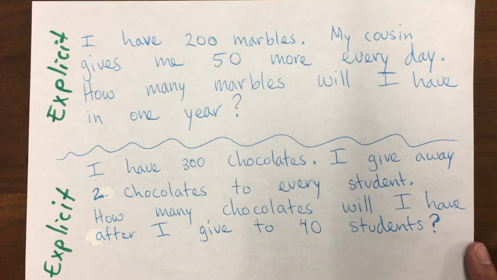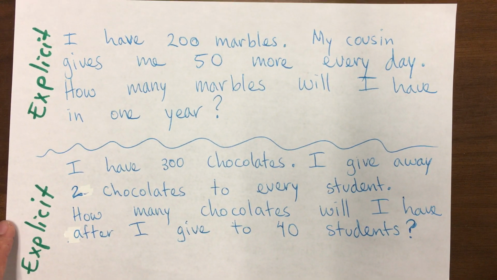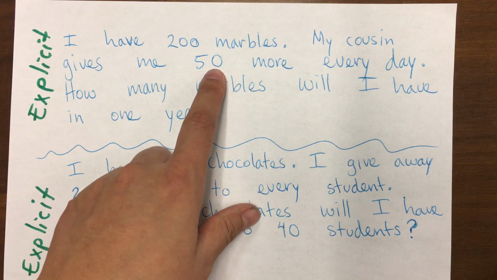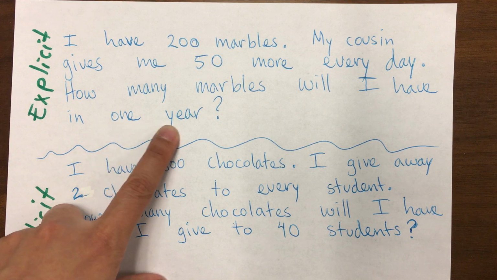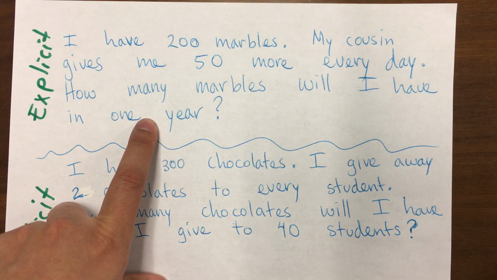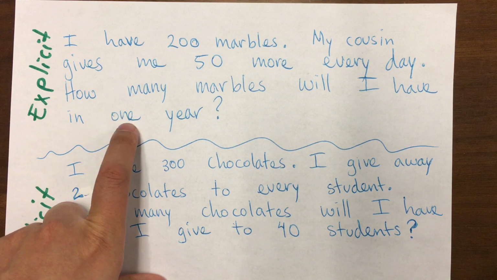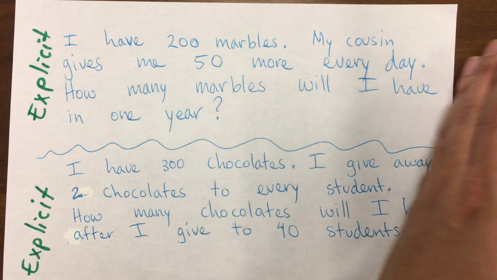Okay, 2 more examples and then we'll be done. He says, I have 200 marbles. My cousin gives me 50 more every day. How many marbles will I have in 1 year? So it's every day. So if we want to know in 1 year, that will be after 365 days. What does that mean? You don't want to do that many numbers or terms, right?